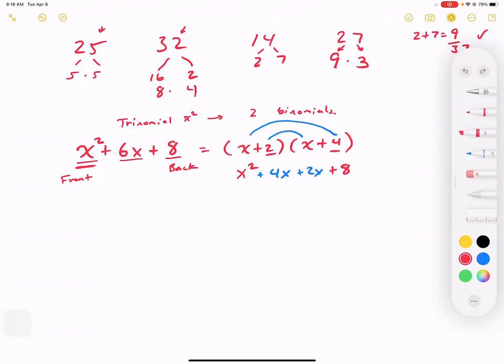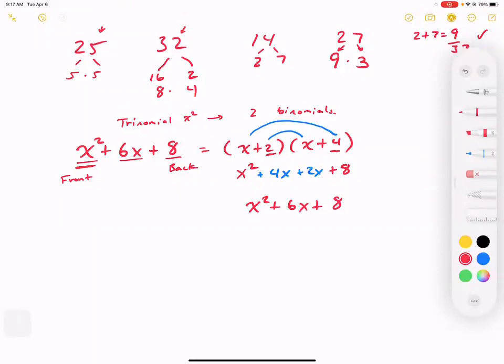Now we always end up with adding our middle terms. That was one of the things that we had practiced before. The middle terms either add or subtract depending on their signs. So the signs end up to become positive 6x plus positive 2x is x squared plus 6x plus 8.